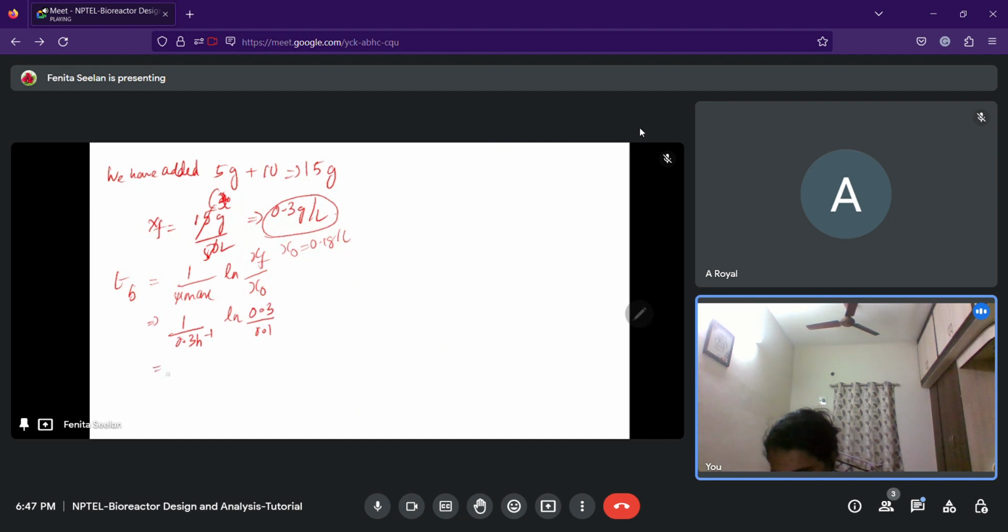If we solve this, how much is it coming? This is ln 3, which is 3.30 into 1.0986.